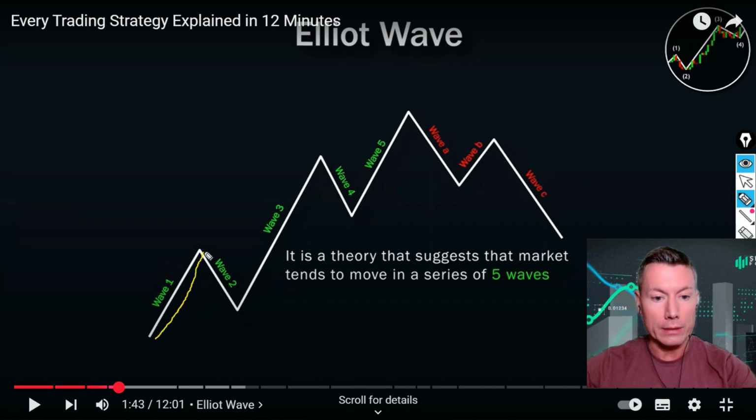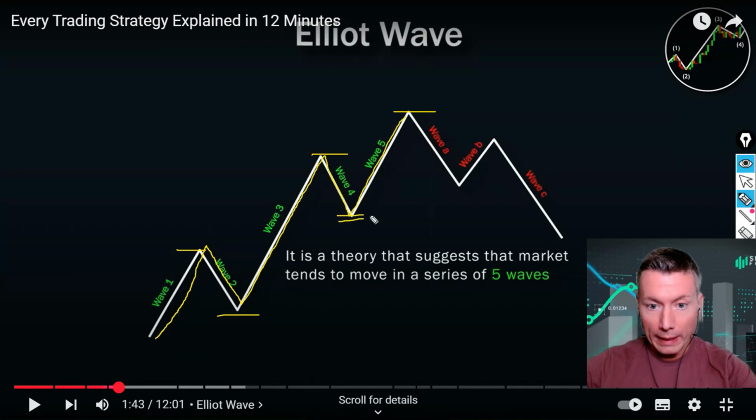Now look at this, right? We are in an uptrend, okay? We are getting higher lows, higher highs, right? We're still getting higher highs here, okay? But we're now starting to get lower highs, right?